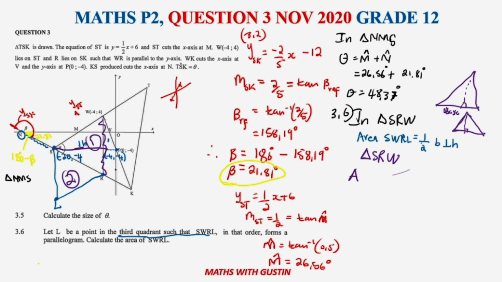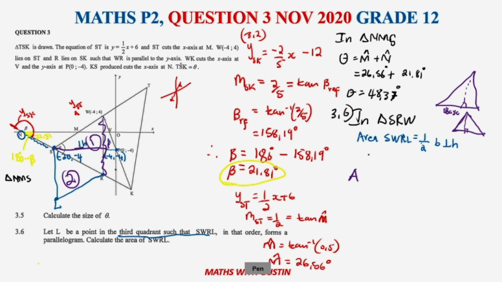So now, what is our perpendicular height here? Our perpendicular height is going to be given by this distance here between P coordinates and P stroke. I know guys, this is becoming a bit messy here.